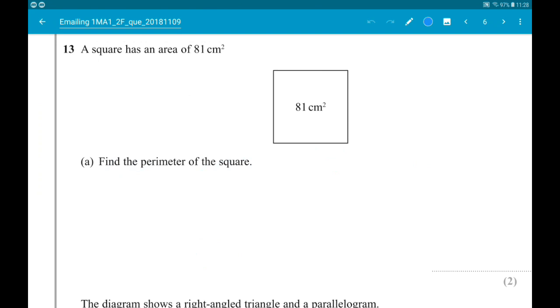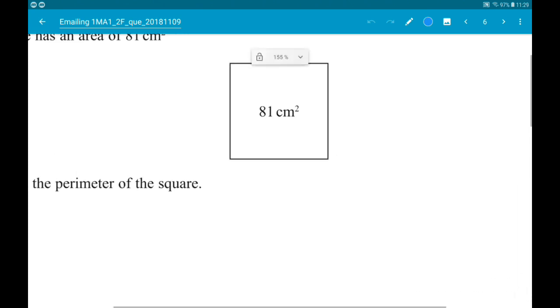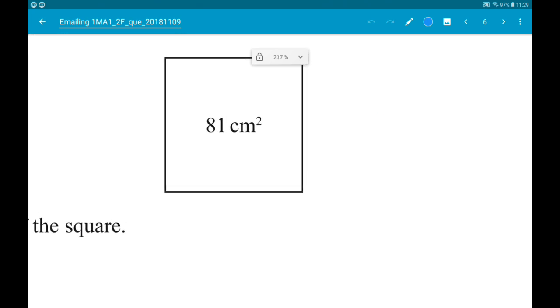Okay, number 13. A square has an area of 81 centimeters squared. Part A. Find the perimeter of the square. Okay, so what makes a square a square? Every side is the same. So if we call a side x, then to get the area we do base times height.